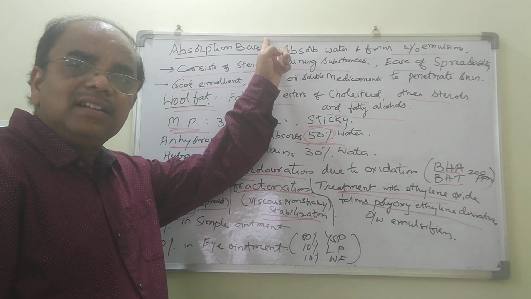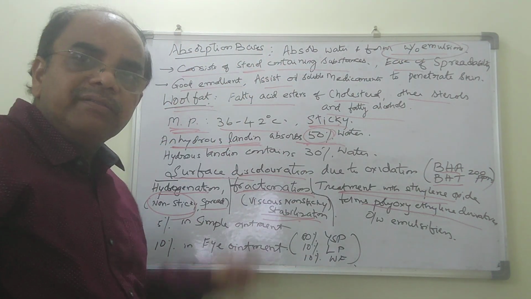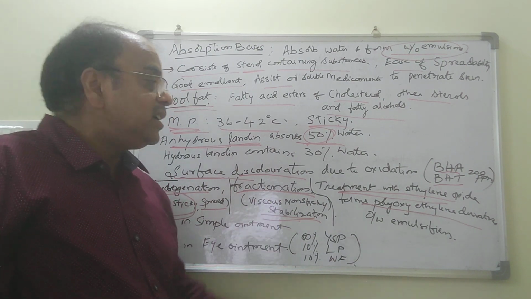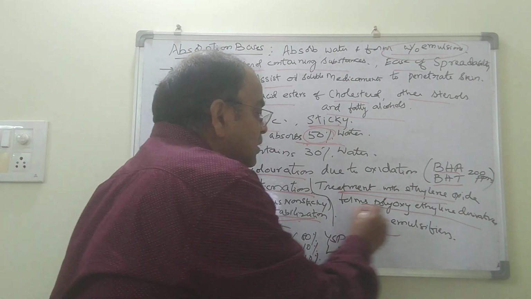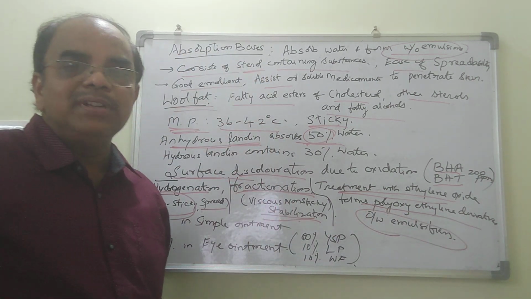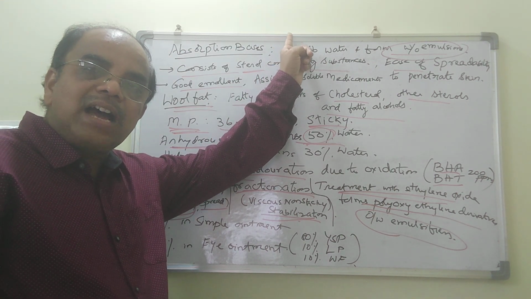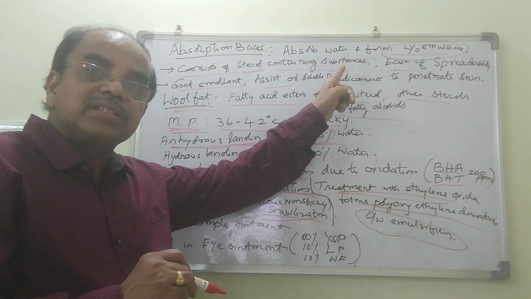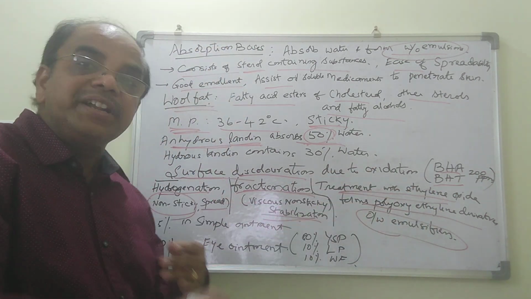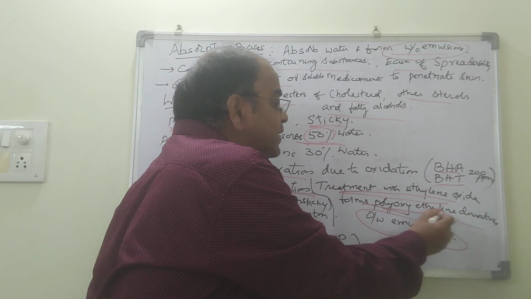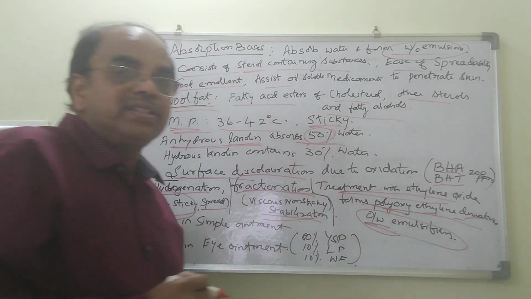Wool fat is helpful in the preparation of W/O emulsions. But by treatment with ethylene oxide, we can convert it into polyoxyethylene derivatives, which are useful as O/W emulsifiers in the preparation of O/W emulsions.